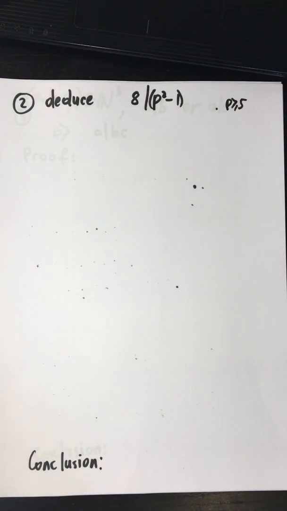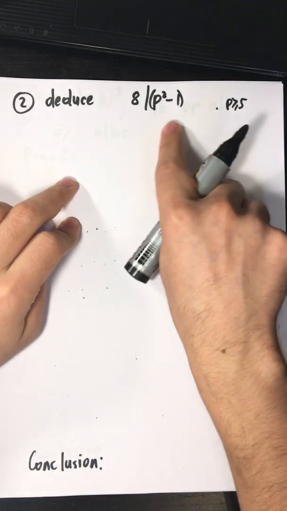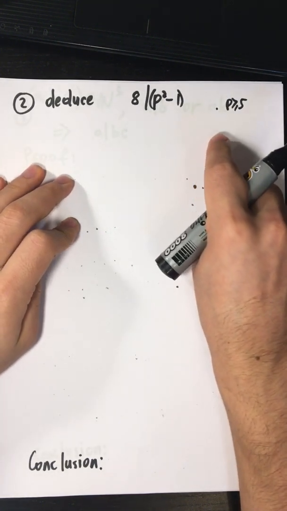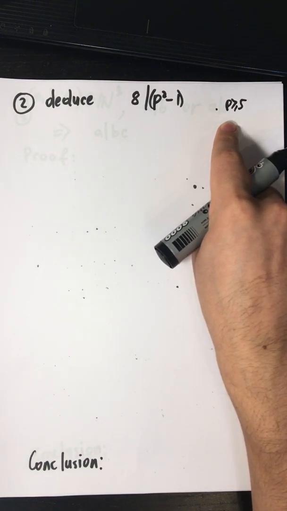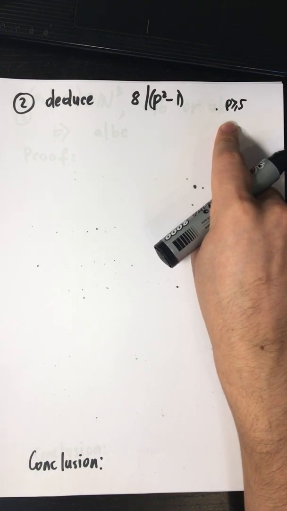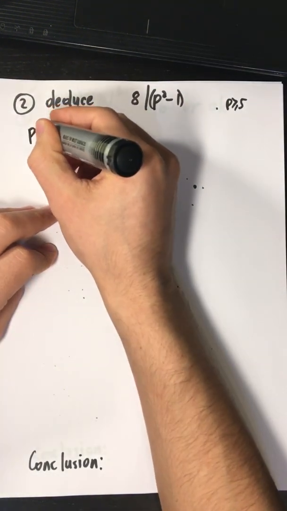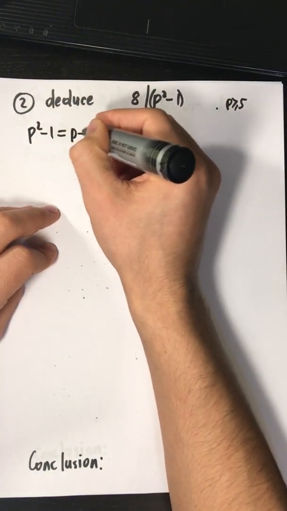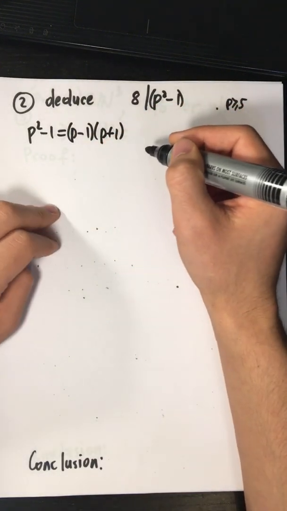Next page. In the second, we want to deduce that 8 divides p squared minus 1, and p is of course more than or equal to 5. Next we have p squared minus 1 equal to p minus 1 times p plus 1. Agree?